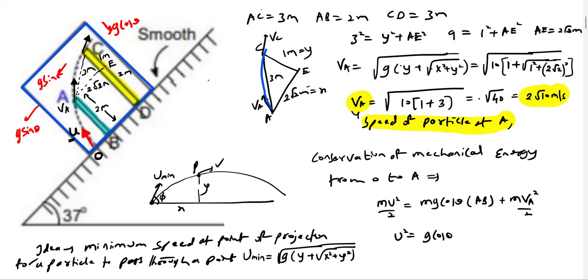Here it should be g cos theta. Why g cos theta? The acceleration of the particle normal to incline will be g cos theta. So 10 cos theta, cos 37 is 4 by 5.